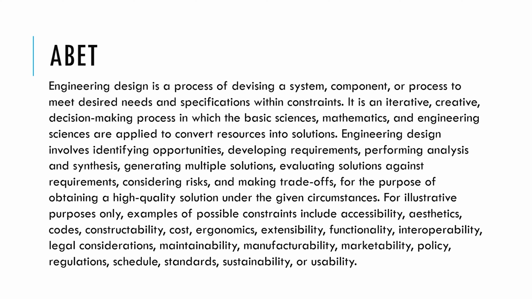For illustrative purposes only, examples of possible constraints include accessibility, aesthetics, codes, constructability, cost, ergonometrics, extensibility, functionality, interoperability, legal considerations, maintainability, manufacturability, marketability, policies, regulations, schedules, standards, sustainability, and usability, and a whole bunch of words were just there to describe what should be a pretty simple idea in that engineers make stuff.